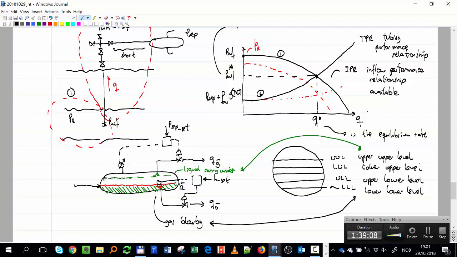If I move from here to here, it can be 500 bar, 1000 bar, 700 bar, and this can be 200, 100 bar. So that Q is changing.